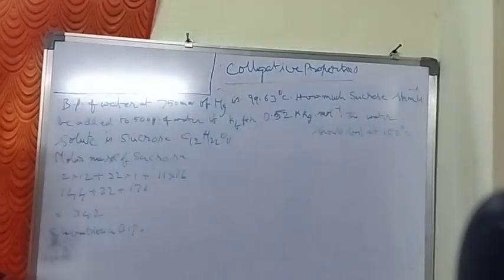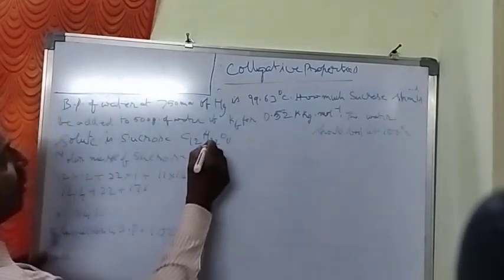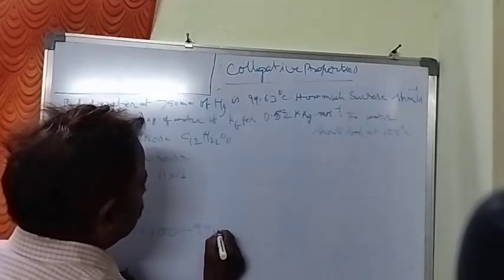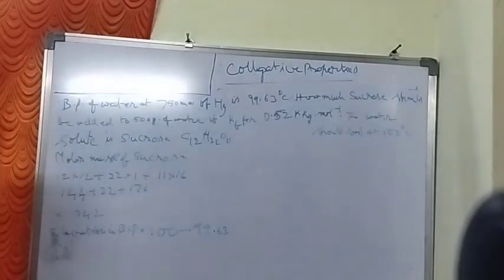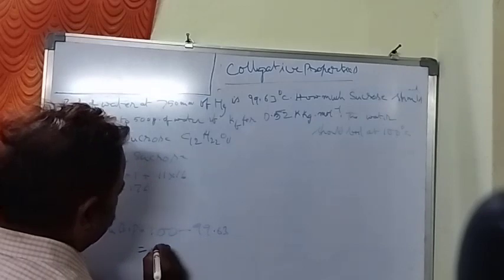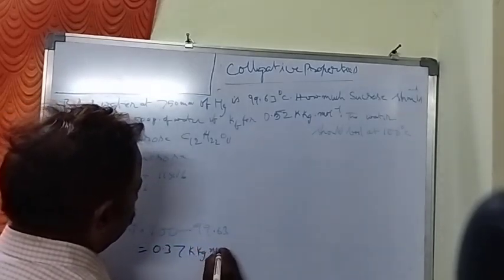So what is the elevation in boiling point? 100 minus the previous boiling point, 99.63. So what is the difference? The difference is 0.37 Kelvin.